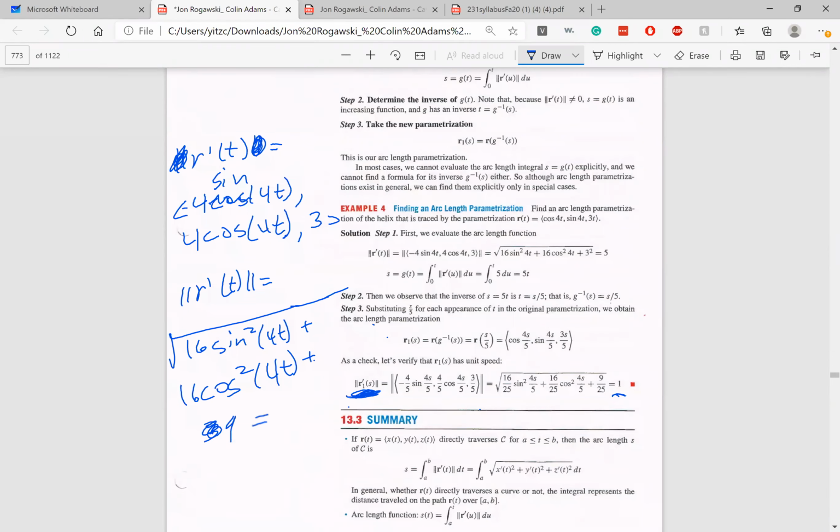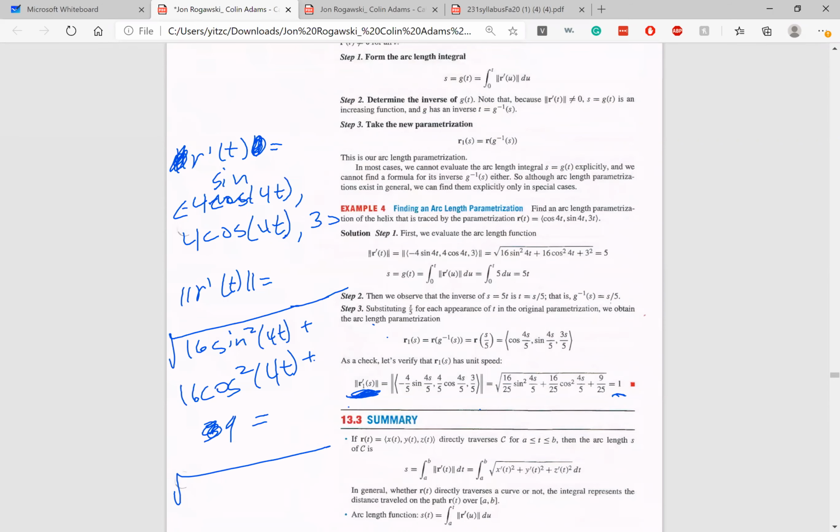The square root of all this. Now sine squared plus cosine squared is equal to 1. So we get the square root of 16 from here times 1 plus 9. This gets us the square root of 25, which is equal to 5.